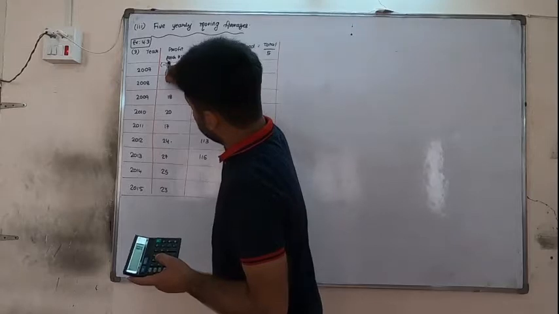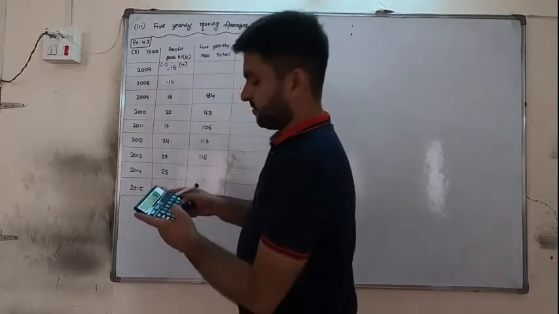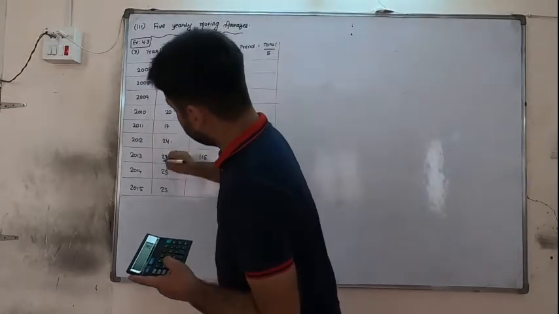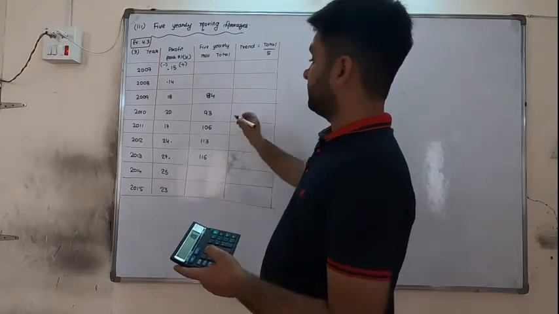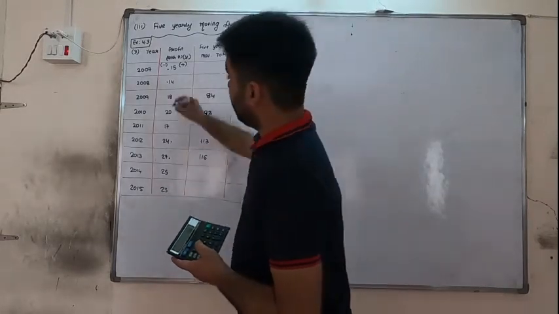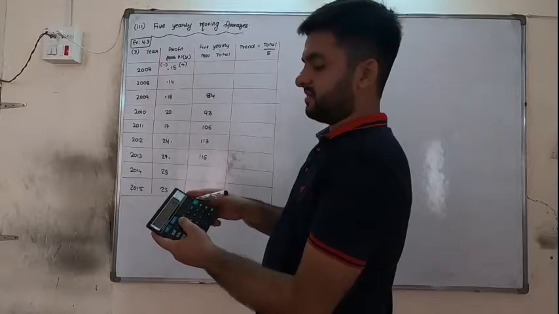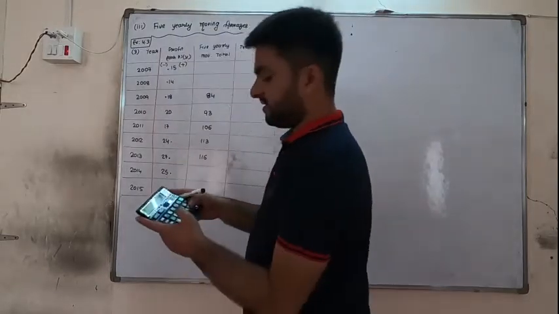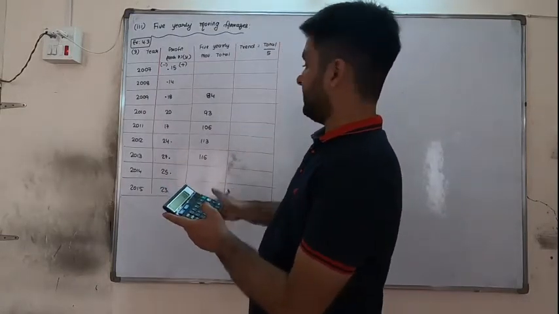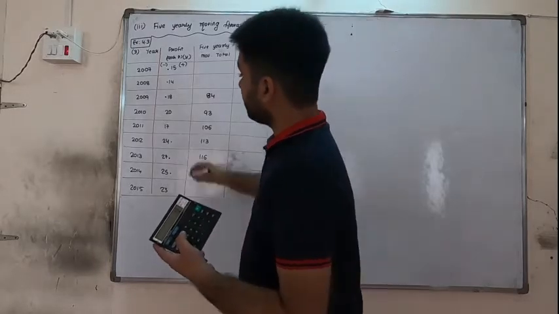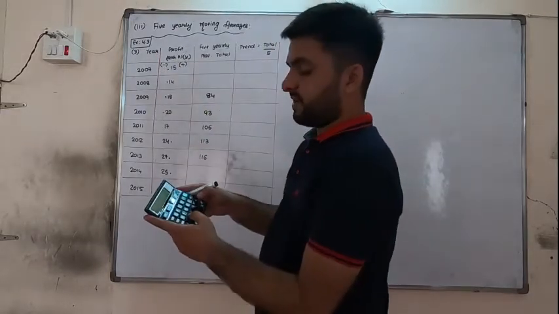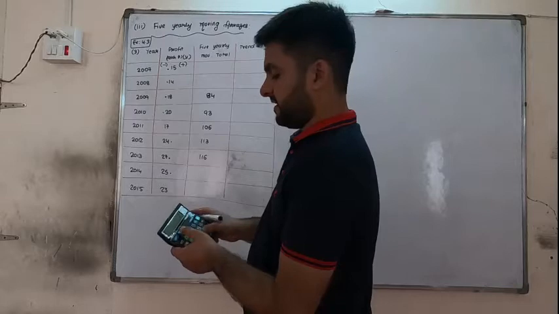Okay. Then minus 14 plus 27, so it's 106. Again minus 18 plus 25, so it's 113. Again minus 20 plus 23.